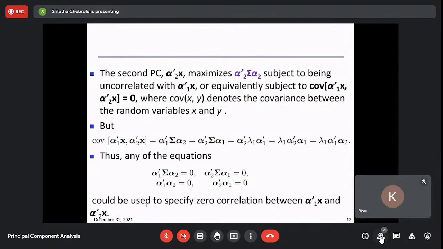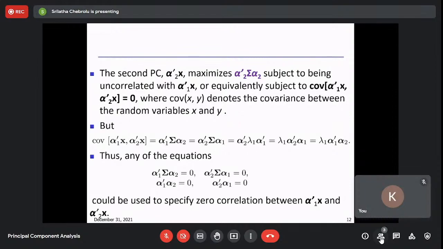Now we have to see how much variation this first principal component is preserving. We have seen that something like 80% of the variation of the data set is preserved by the first component.